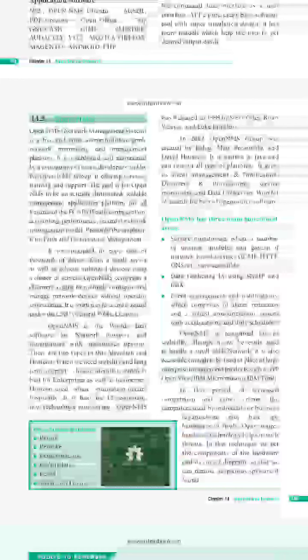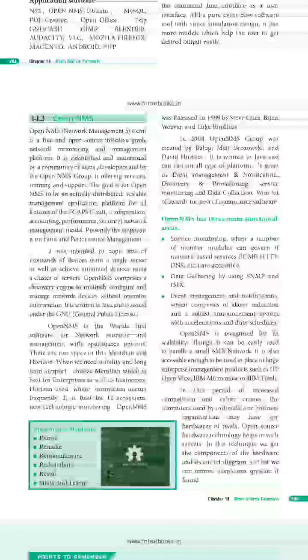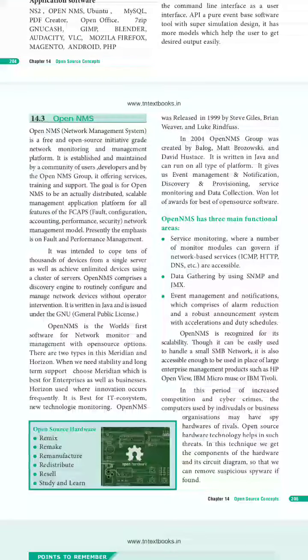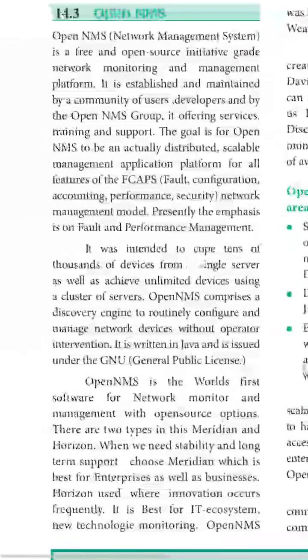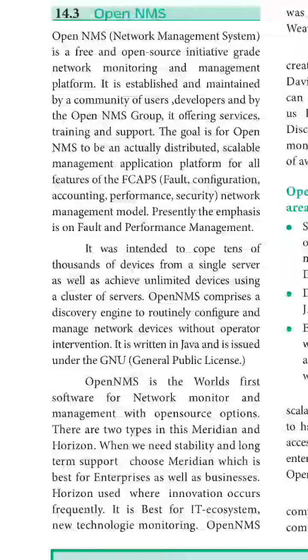So the next open source software is OpenNMS. OpenNMS stands for network management system. This is also a free and open source enterprise-grade network monitoring and management platform. It is established and maintained by a community of user developers and by the OpenNMS Group.